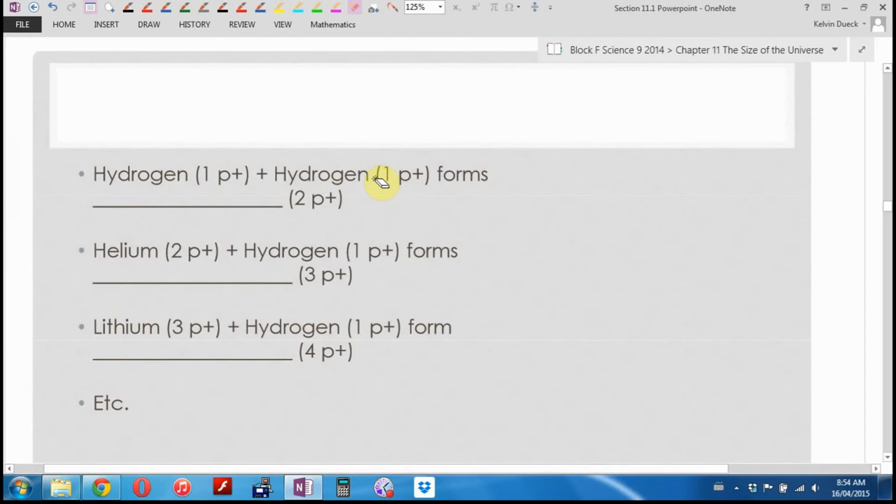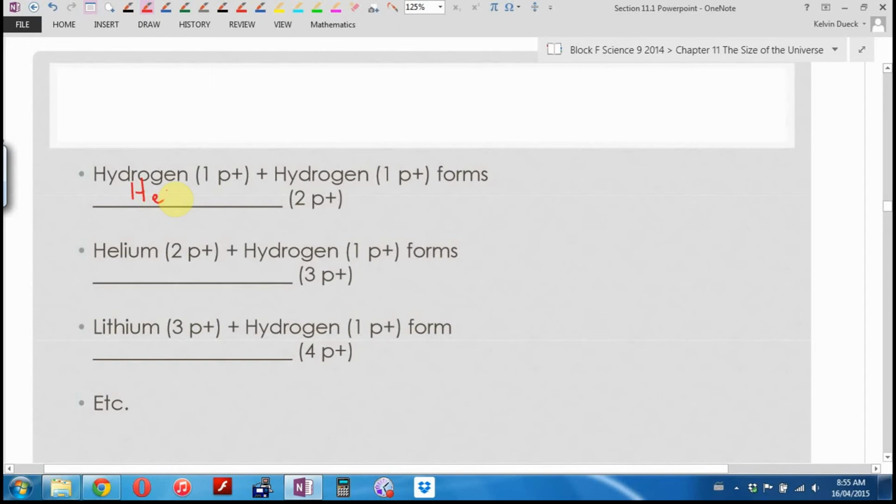If you squeeze one hydrogen, one proton, and one hydrogen, one proton, how many protons will you get? Not meant to be a trick question. How many protons will you get? 2. Which element has 2 protons? Element number 2. What's element number 2 up there? If you squeeze 2 hydrogen atoms with crazy pressure, you get helium.